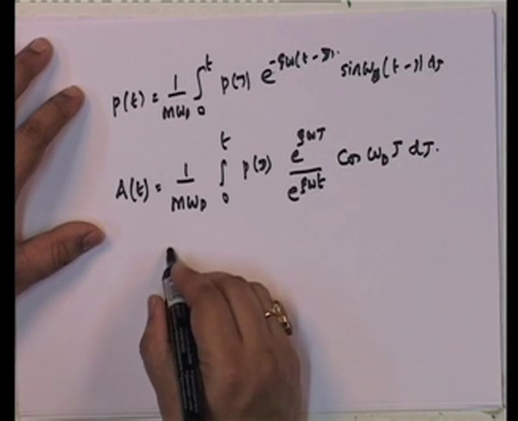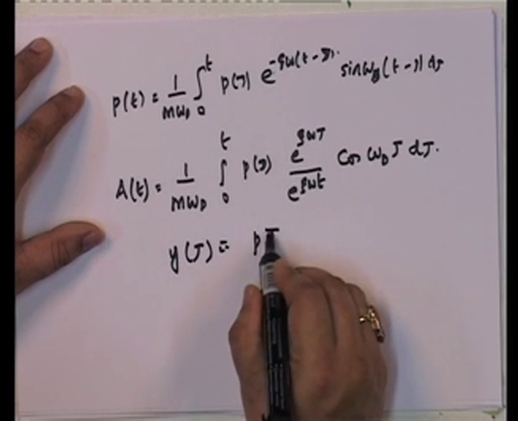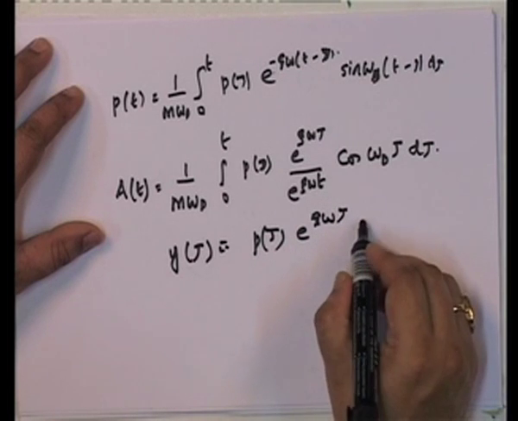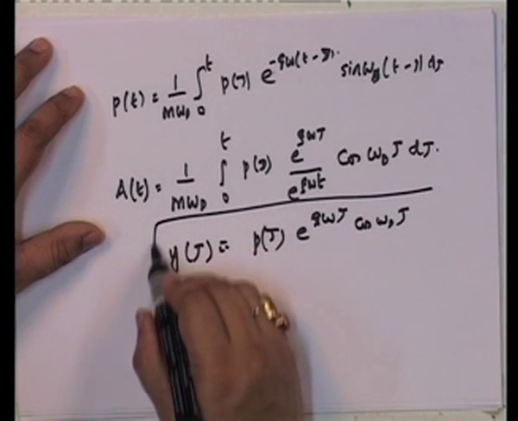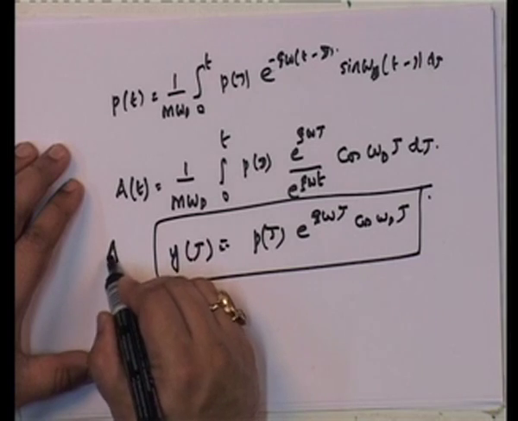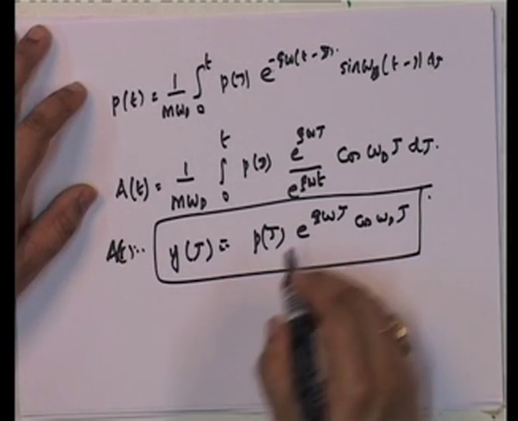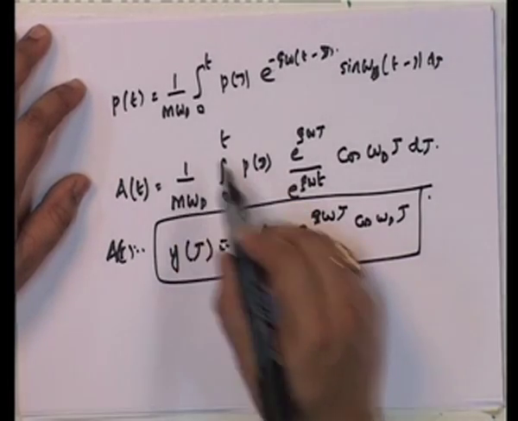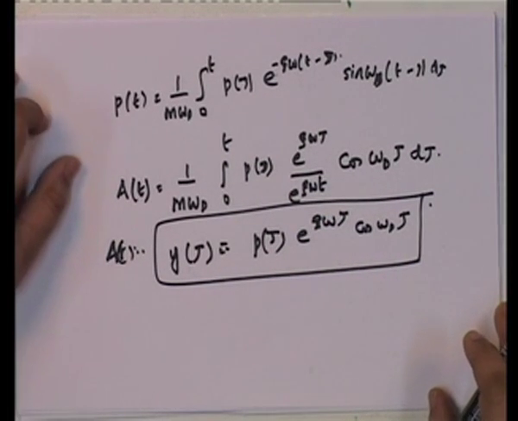So essentially y of tau becomes p of tau e to the power of xi omega tau and cosine omega d tau. That is all you have for A of t, and the outside term is e to the power of minus xi omega t.